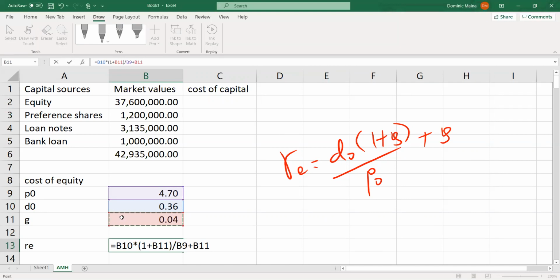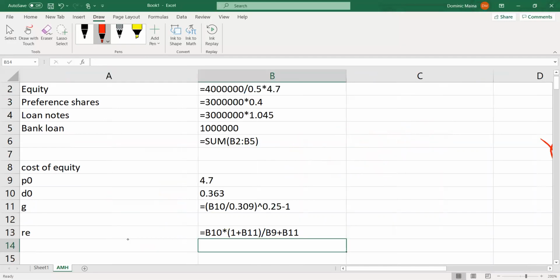Don't forget B10. Let me just enter it, then I refer. This is B10.